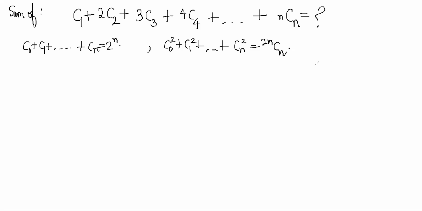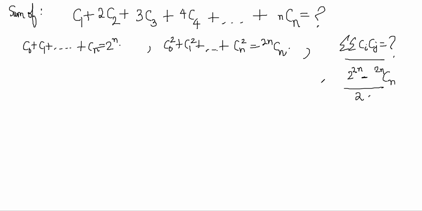And we also derived as a problem this thing, that you don't need to remember, but you need to remember how we got it. It was just 2 power 2n minus 2n Cn divided by 2, because you use this and this to get this. But this is a different looking series.